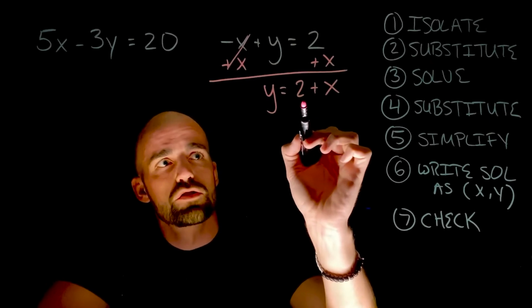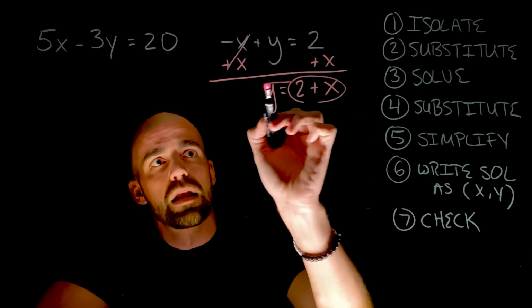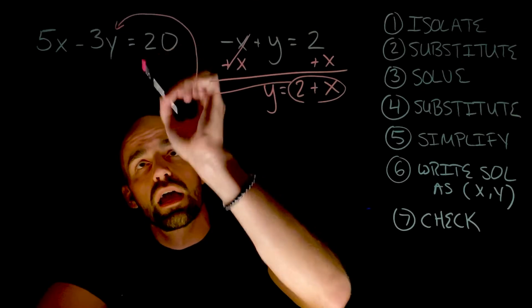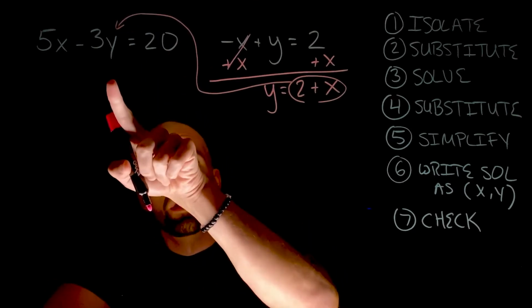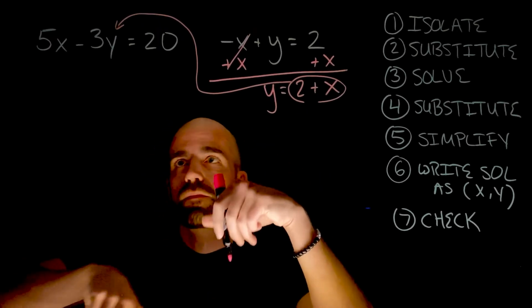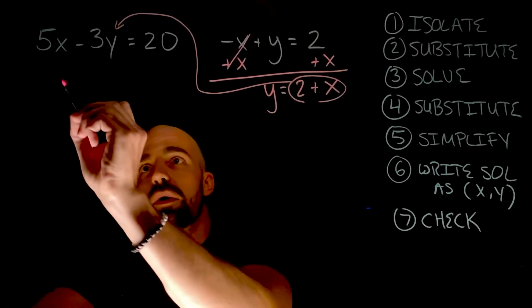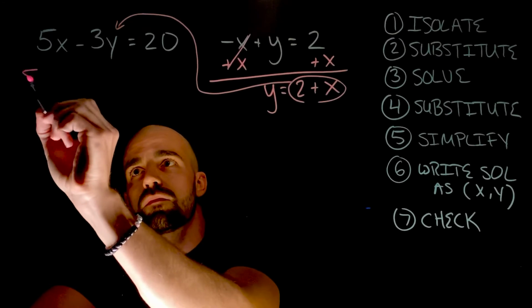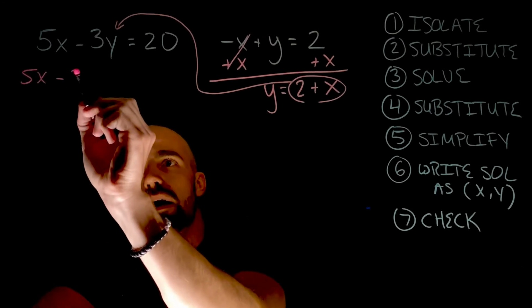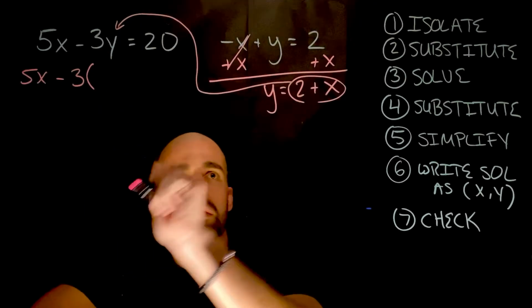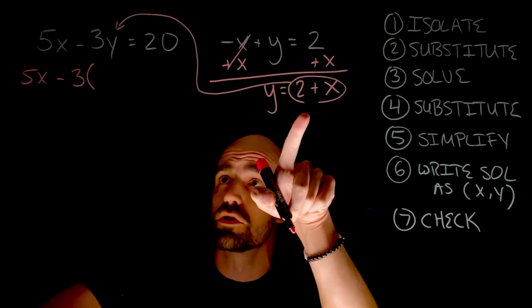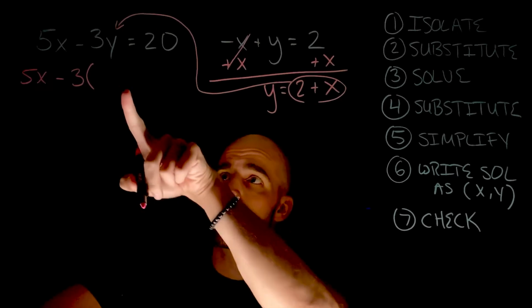So I'm going to take 2 plus x, and I'm going to bring it over to this equation, and I'm going to make my first substitution. I'm going to replace the y in this equation with 2 plus x. So I'm going to rewrite this equation now. 5x minus 3, and then inside of parentheses now, I'm going to replace what y is equal to, 2 plus x, where the y was.